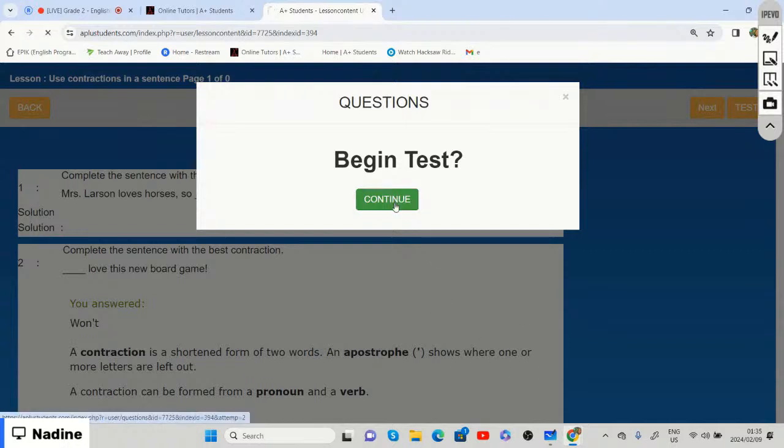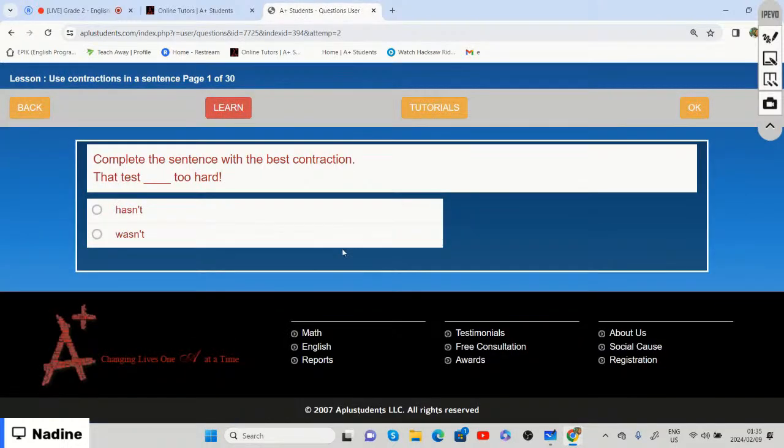So we're going to begin our test. We have to choose the correct contraction. So now we have to complete the sentence with the best contraction.